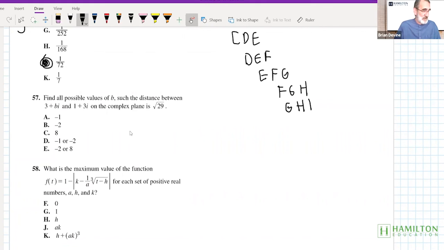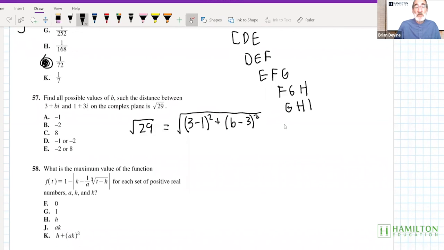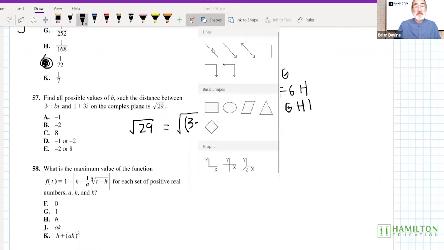So what I want then is the square root of 29 to equal the square root of 3 minus 1 squared plus b minus 3 squared. Now, how did I get that? You're probably wondering. Well, I'm going to show you right now.